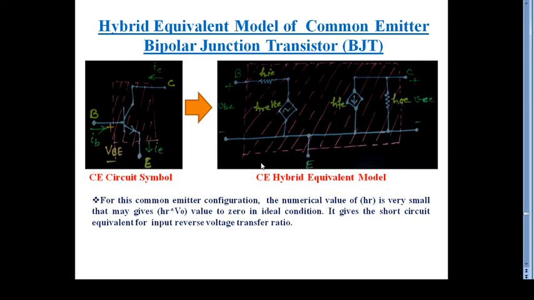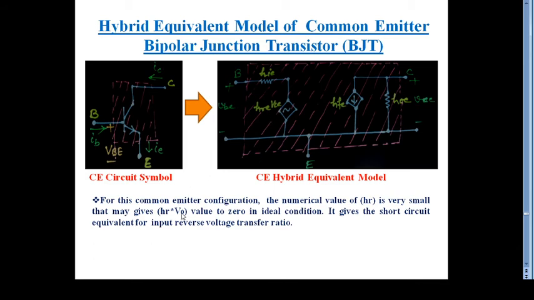Now for the common emitter configuration, I already told you the numerical value of HR is very small. In some cases, in our hybrid pi model we have this sorted, but this one is a more accurate model, and HR is very small. The numerical value of HR, the reverse voltage transfer ratio, is very small because it is Vi by V naught.